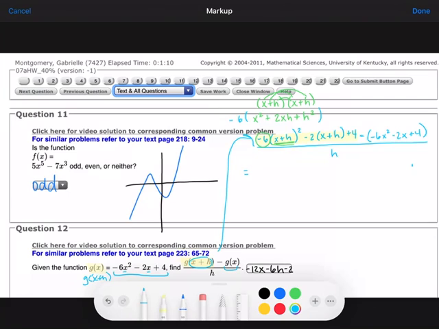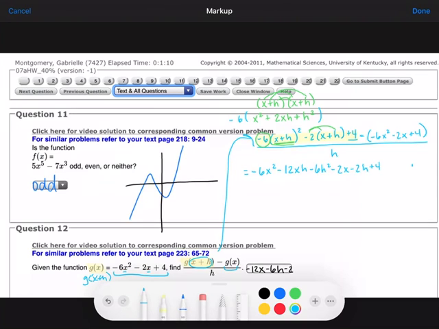So this equals, I'm going to distribute the negative 6 here as I rewrite. So I have negative 6x squared minus 12xh, plus, sorry, that would be a minus 6h squared. Now moving back up here, I'm going to distribute this negative 2.